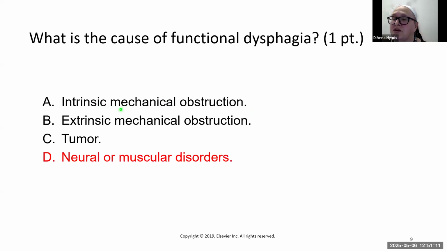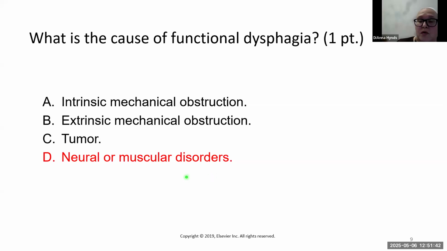Mechanical obstruction, either intrinsic or extrinsic, would be an external means of causing dysphagia, and actually tumor would be an intrinsic mechanical obstruction. And so the one that doesn't fit the pattern of these three is neural or muscular disorders.